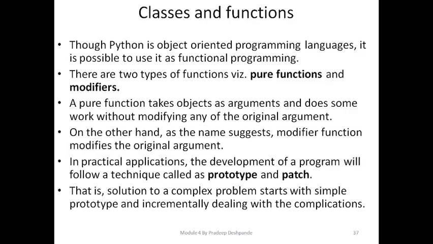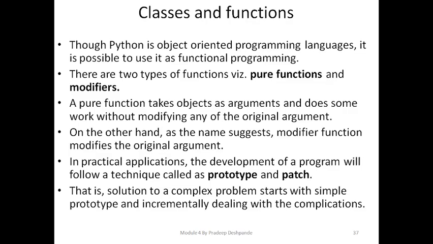Whereas the modifier function is the one which modifies the original argument, the original objects. The attributes of a particular object can be modified using modifiers. So in practical applications, development of a program will follow a technique called prototype and patch.